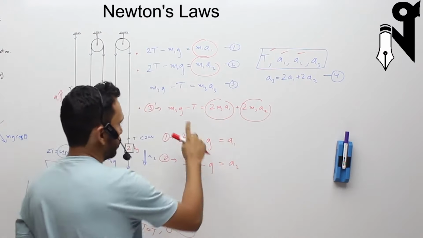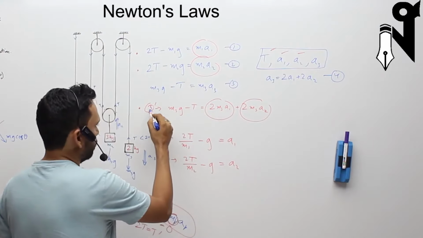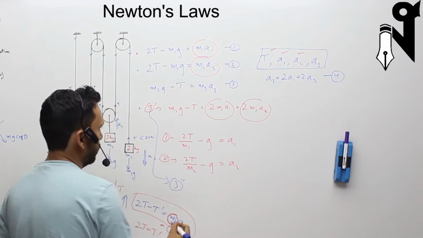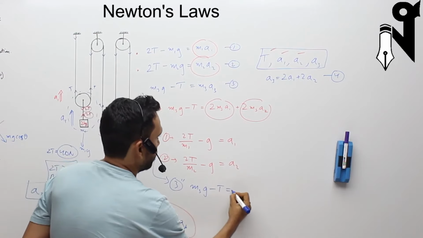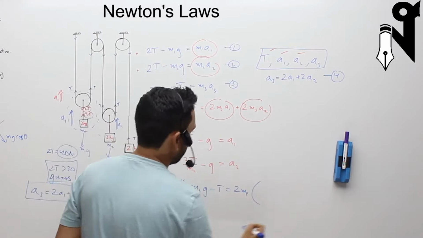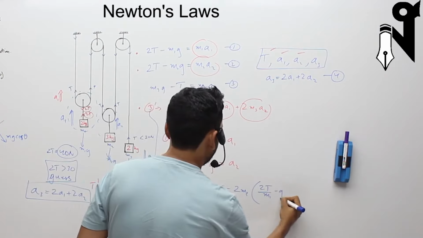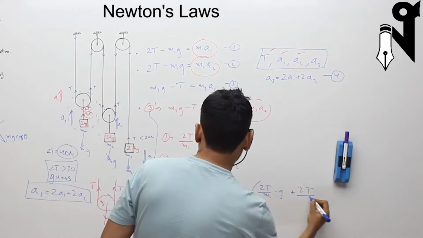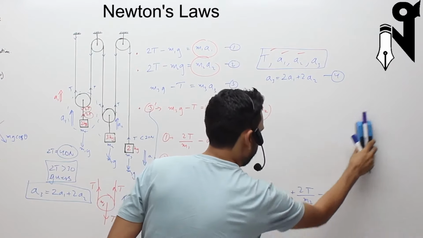What we get is the twice modified equation 3: m3g minus t is equal to twice of m3 times a1 plus a2. So what is a1? 2t by m1 minus g. And what is a2? 2t by m2 minus g.